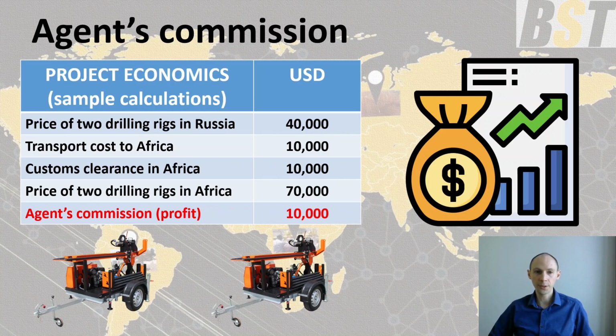In order to calculate your profit or agent's commission, you deduct the total costs, which is $60,000, from your revenue, which is $70,000, which will be, as a result, $10,000. So this is the approximate commission or profit which you can receive from this first deal at the first stage that we are offering you.